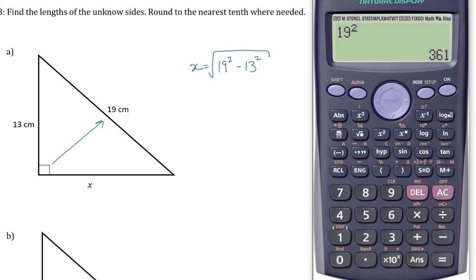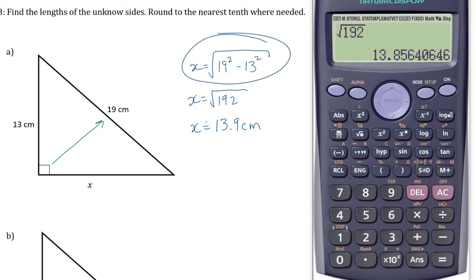Then I'm going to do 361 minus 169, which is 192, so the square root of 192. And then I'm going to take the square root of that, get the decimal answer, and round to one decimal place, 13.9 centimeters. So again, I subtracted because I'm looking for one of the smaller sides.